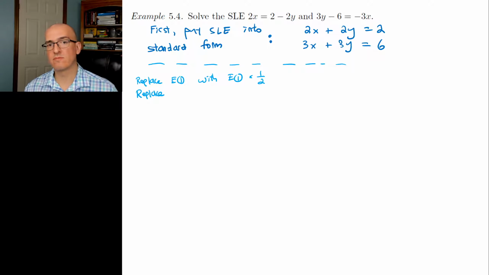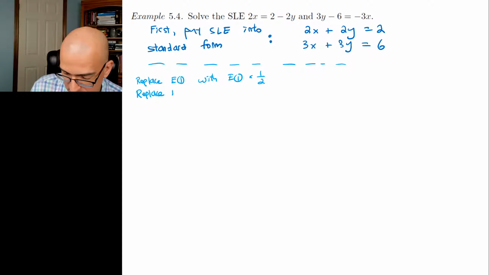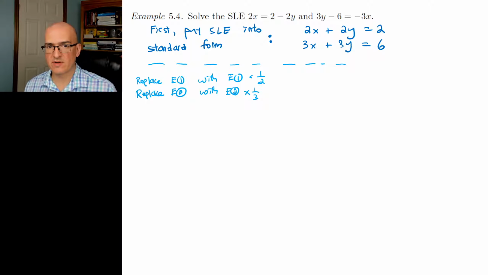I'm not mixing operations together, like multiply this by a constant and then subtract that line from another line. Don't do that unless you're super confident you can keep track of everything. It's easy to lose track of these things. I'll replace E2 with E2 multiplied by a third. And it's okay to call it division by 3 if you want, but I'm going to follow the template that we're just multiplying.